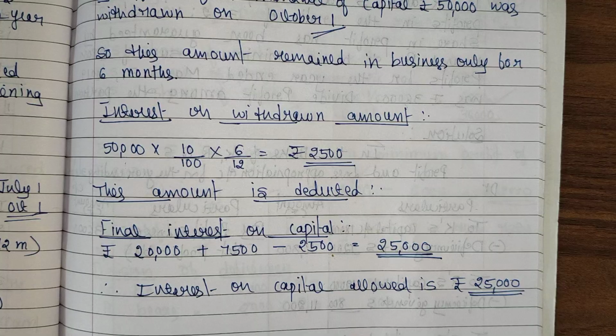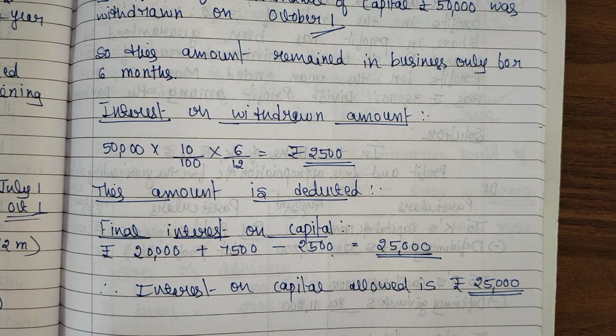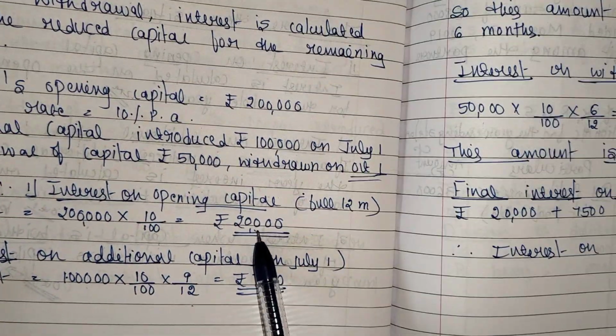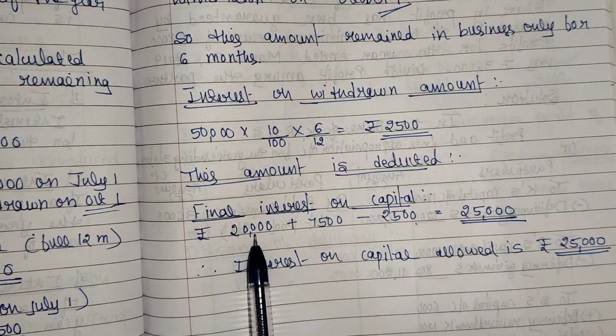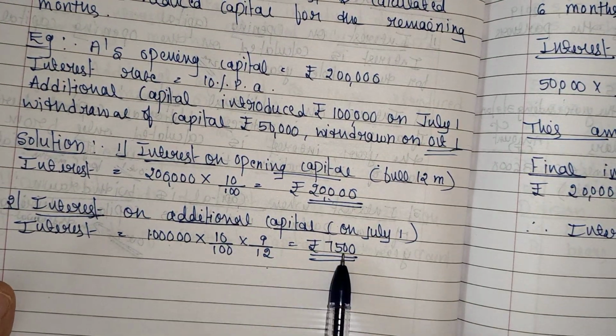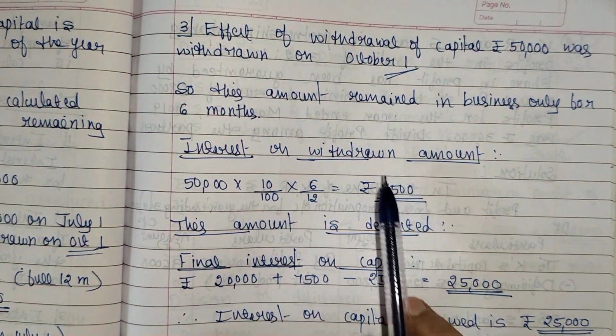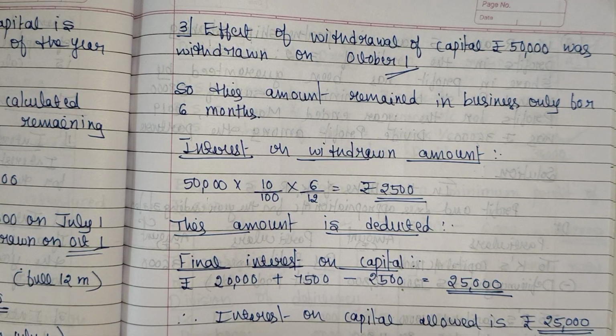Now the final interest. How do we calculate the final interest? See, on opening capital the interest is 20,000, write down. On additional capital introduced, the interest is rupees 7,500. But here we calculated interest on withdrawal of capital.